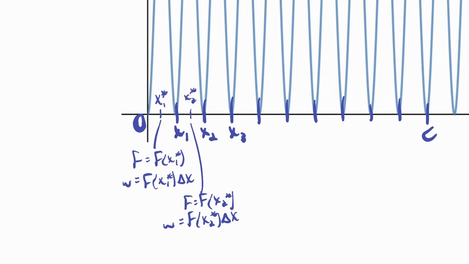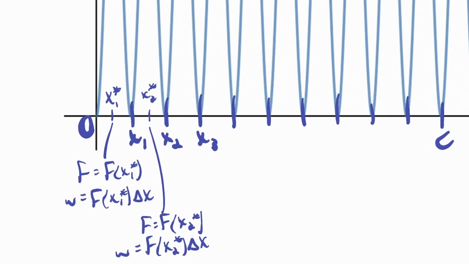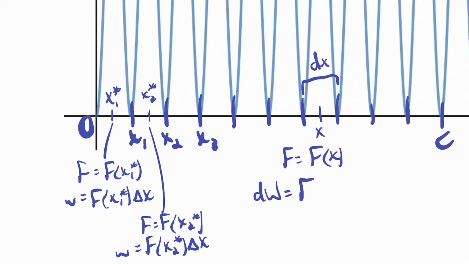So why don't we skip over to here and say, let's just say that this is x. Our representative is x. Our distance is dx. So the force required at that position will be whatever f of x is. The incremental work to complete that compression will be f of x, the force required, times dx, the distance through which we'll be moving.